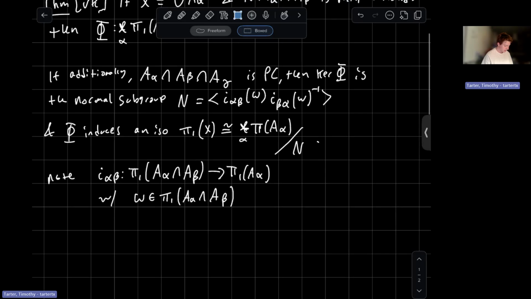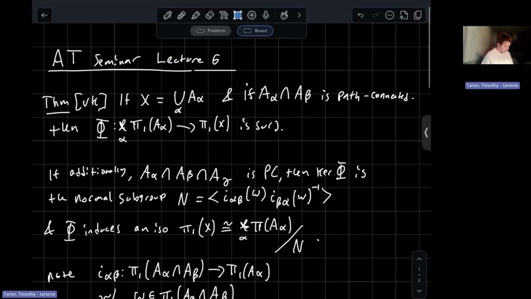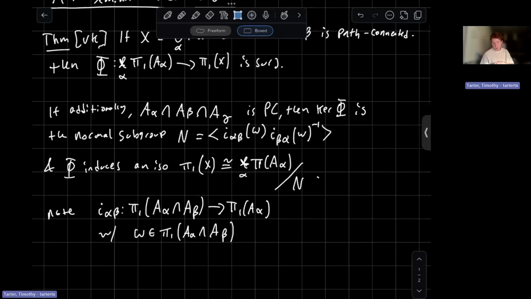All right, welcome back to the Algebraic Topology seminar. So today we are finishing up what we started last time on Van Kampen's theorem.